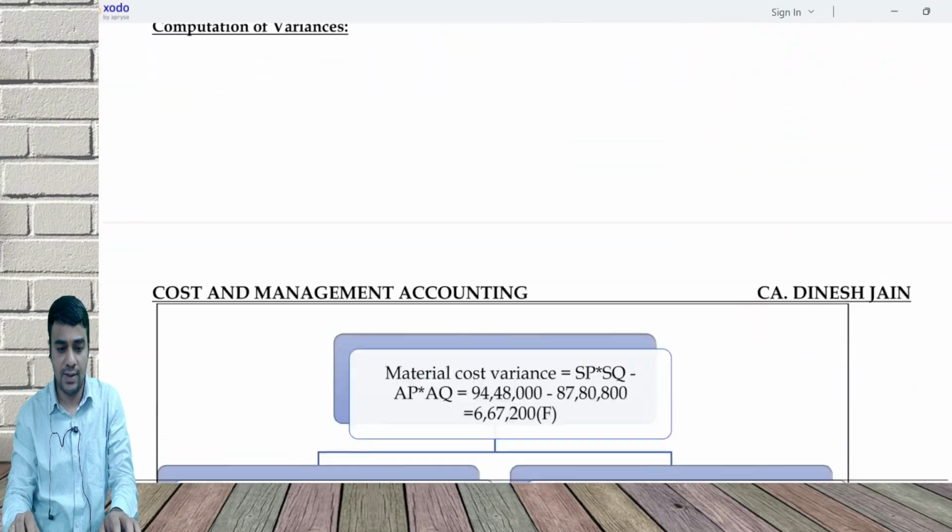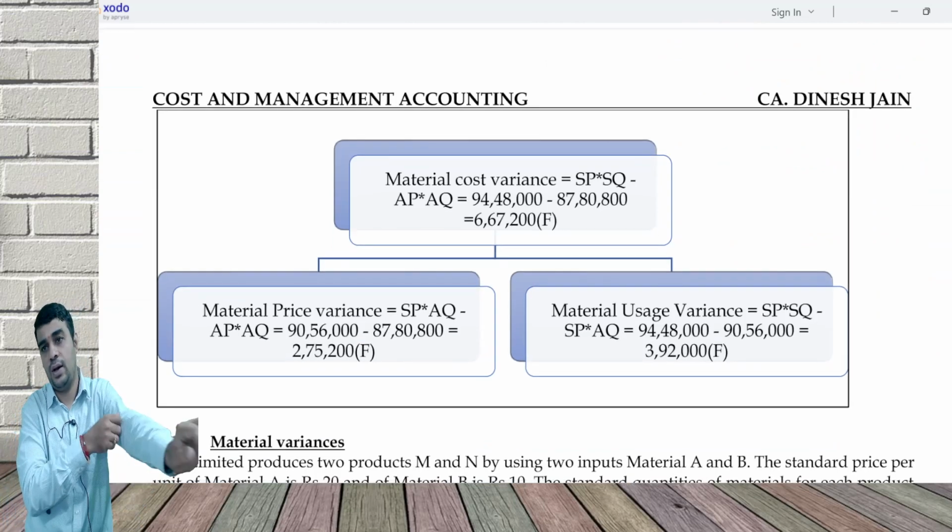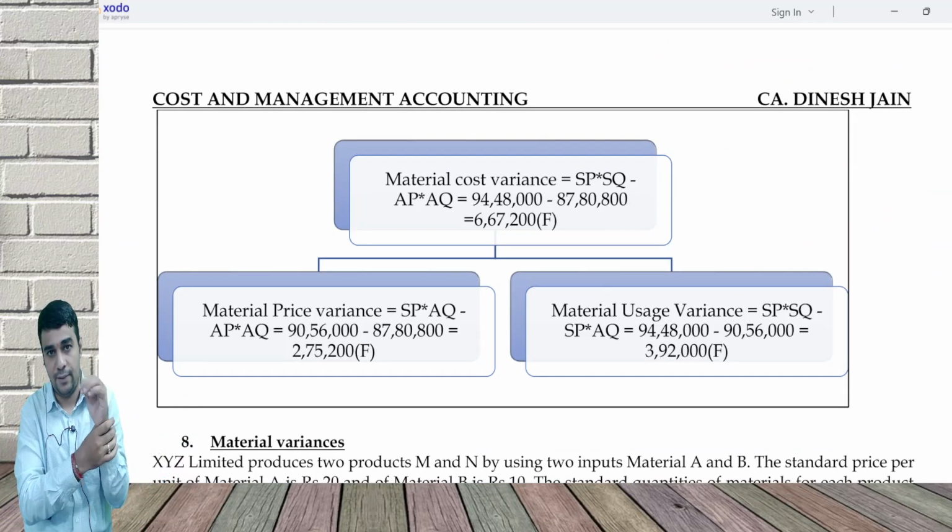This would be your answers. I'll explain if at all yield mix is to be done, what we will have to do.